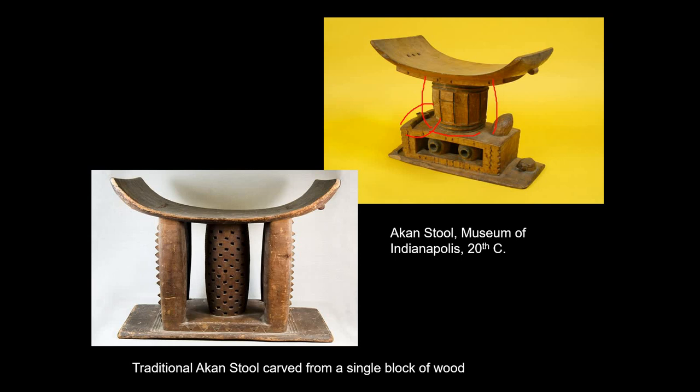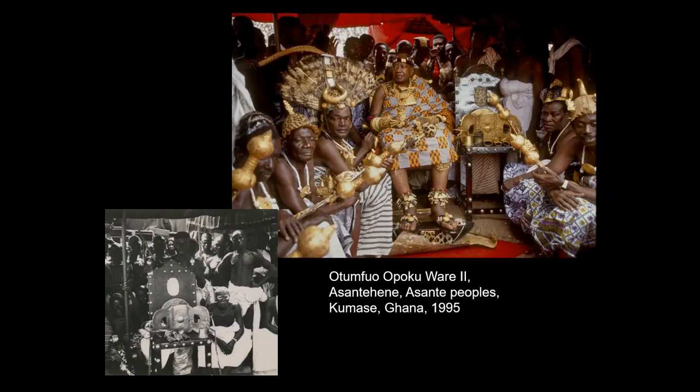Now, what's interesting is that the stool not just represents the person, but it can represent greater ideas. And so the famous Golden Stool, the Ashanti Tui Sika Dwa, I hope I'm saying that correctly, it represents the soul of all the Ashanti people.